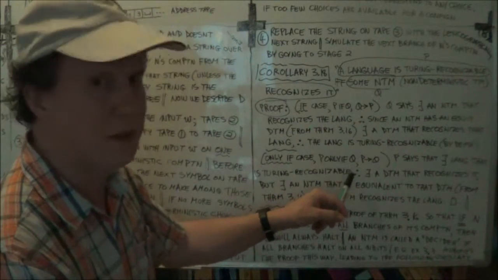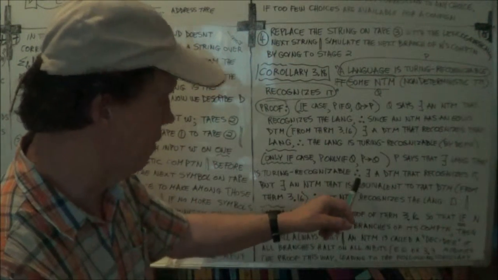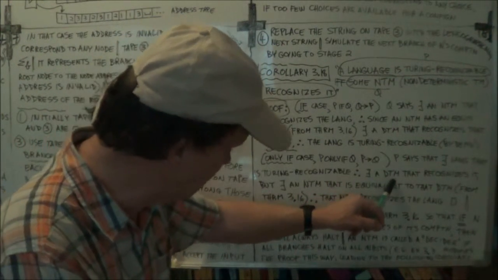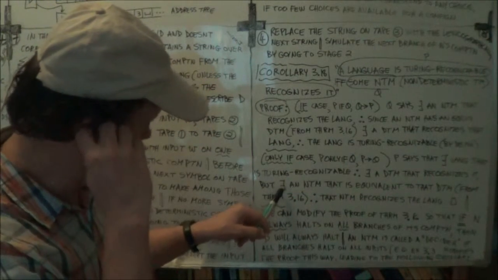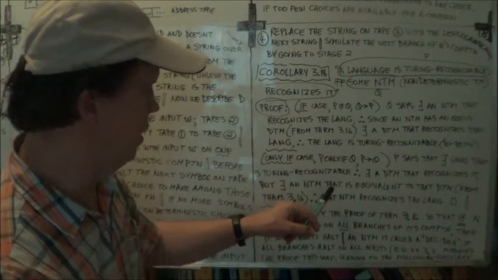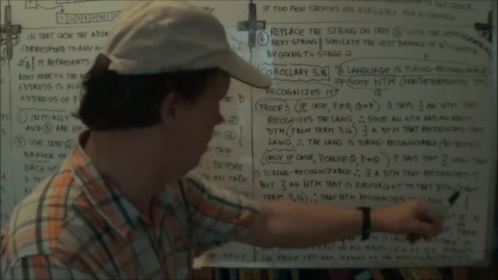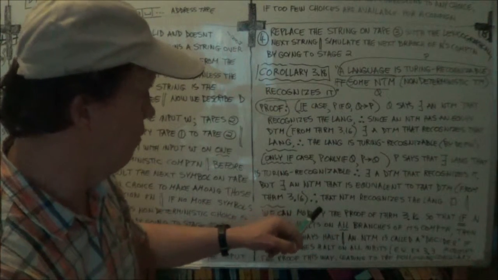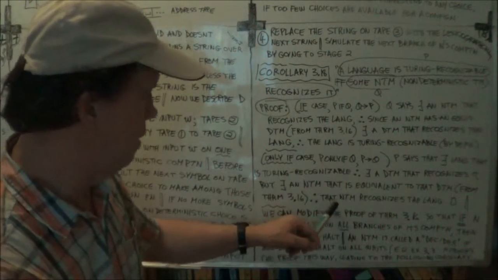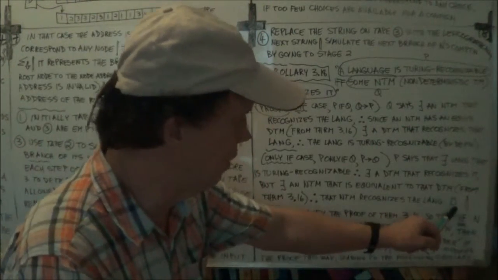That just means there's a deterministic machine that recognizes it. But there's a non-deterministic machine that's equivalent to that deterministic machine. We just proved that in the previous theorem, theorem 3.16. Therefore, that non-deterministic machine recognizes the language. End of proof.